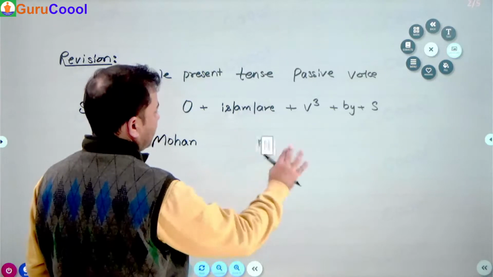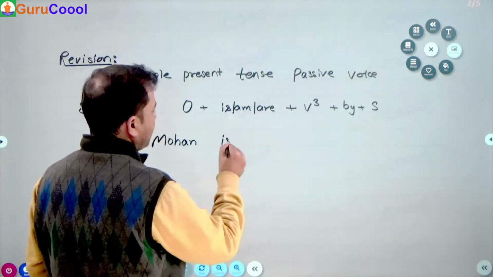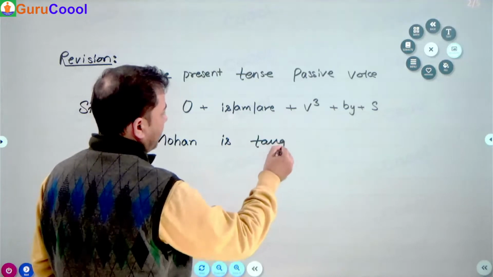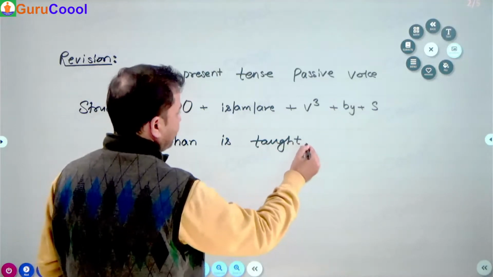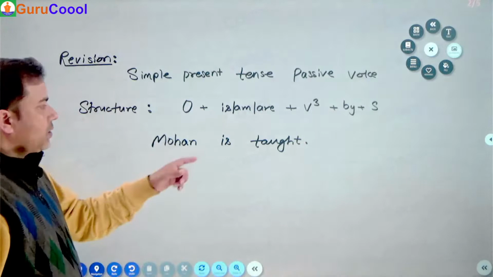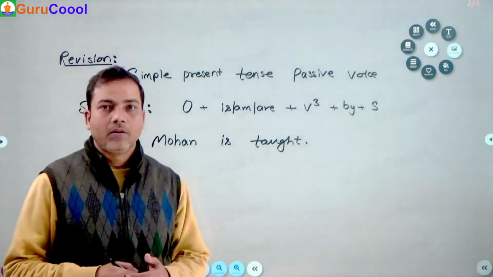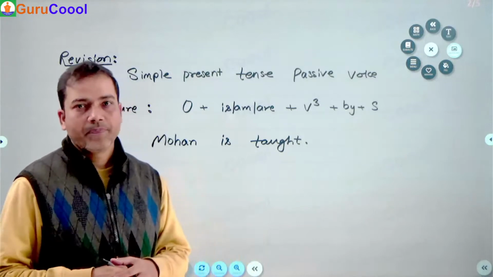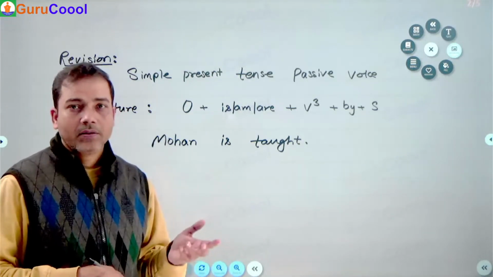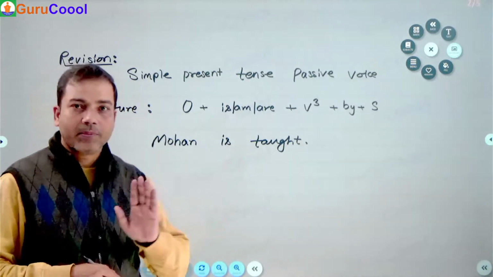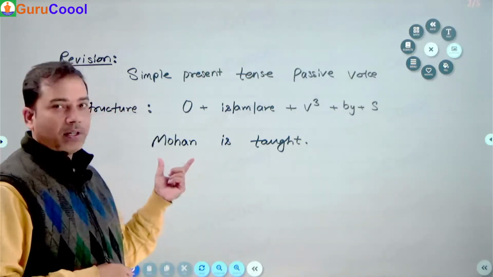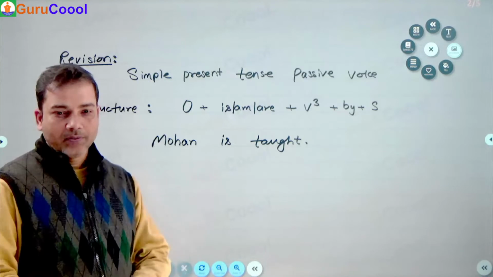Or, Mohan is taught. Notice that Mohan is taught. That means someone taught Mohan. Who taught is not written. Subject is not written. Then what is Mohan?